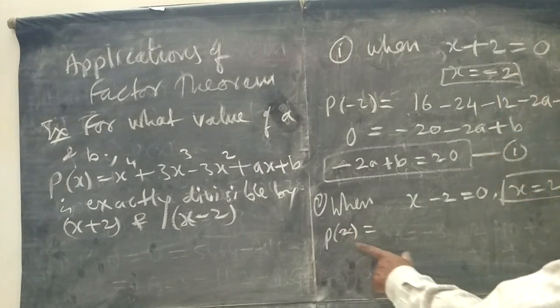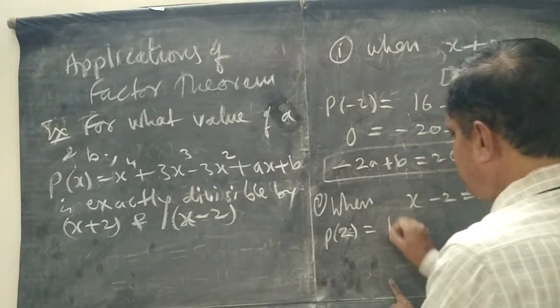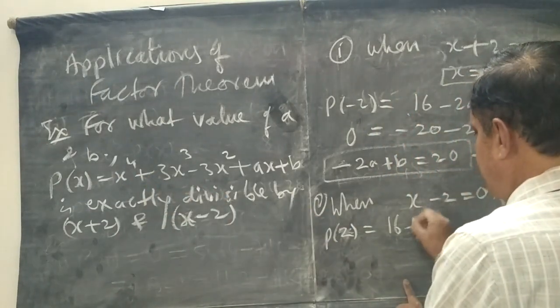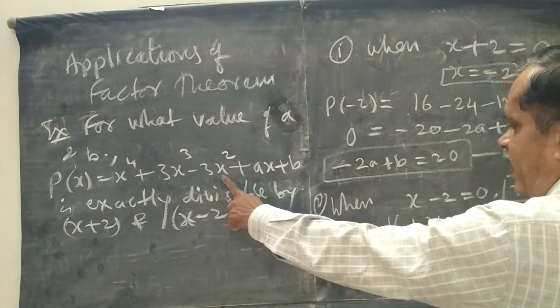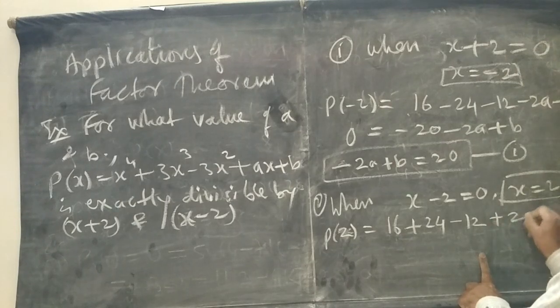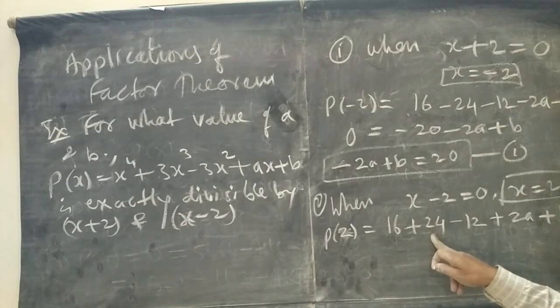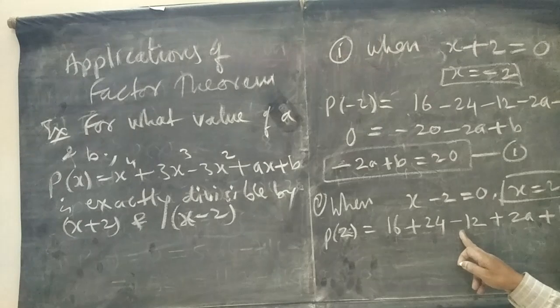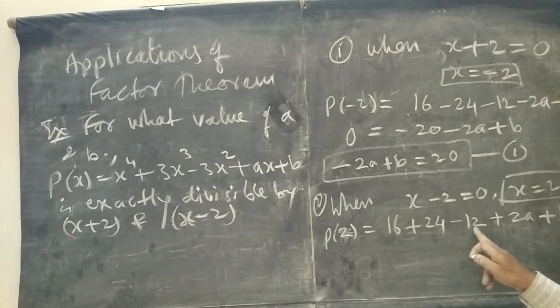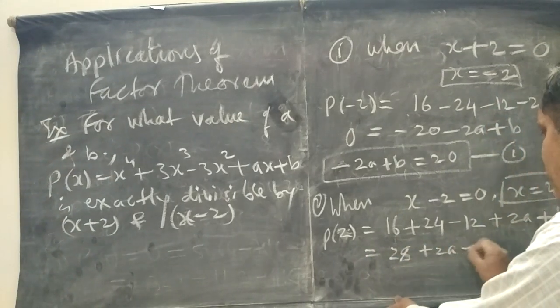Put the value. 2 raised to 4 is 16, 2 cube is 8, 8 times 3 is 24, 2 square is 4, 4 times 3 is 12, plus 2a plus b. 16 plus 24 is 40, 40 minus 12 is 28, plus 2a plus b.